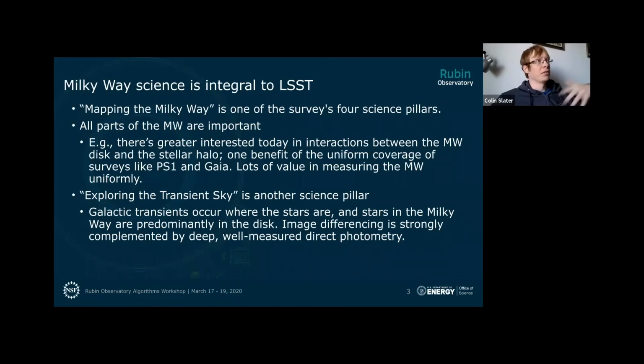The state of Milky Way science today is trying to understand how the different components of the Milky Way interact. And there's been a lot of value in surveys that have processed the Milky Way uniformly and been able to look at all components all at once.